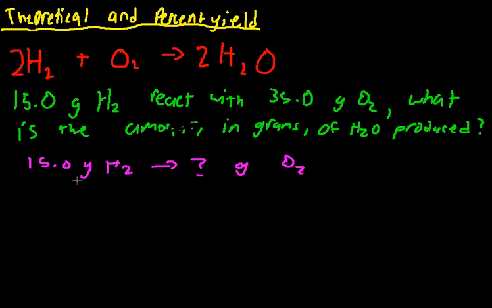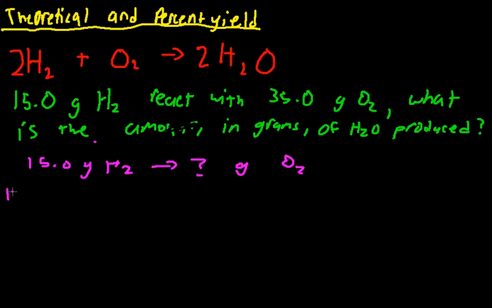This is the preferred method, because if you use this method, then you don't have to do multiple calculations. However, the other method is to simply take both of the reactants straight to the product and compare. So you would convert grams of each reactant into grams of water and see which reactant produces the least, and then use that one.